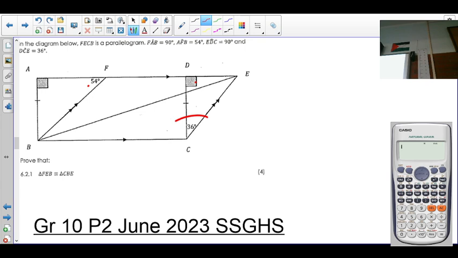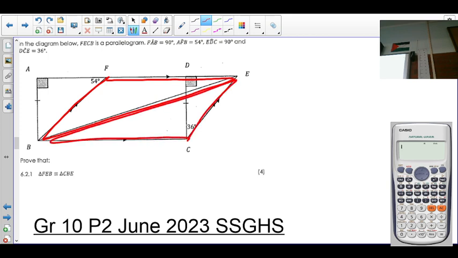The question says, prove that triangle FEB is congruent to triangle CBE.